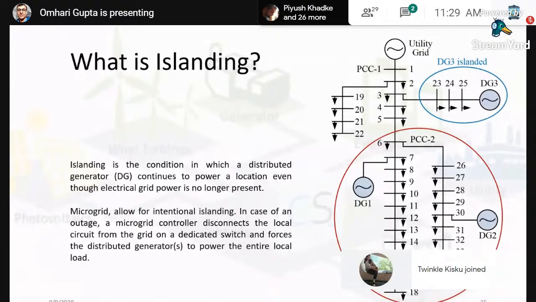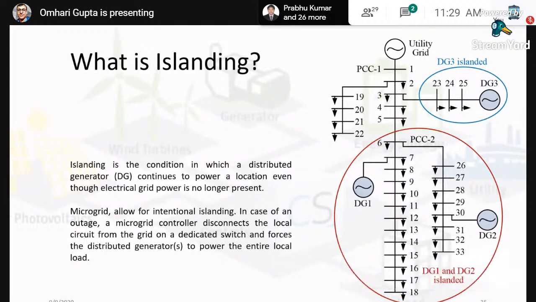Similarly, there is another network shown by this red circle. You can see that there are two distributed generations and several loads connected at several buses. This is PCC2, corresponding to network 2, and this is PCC1, corresponding to this small network.